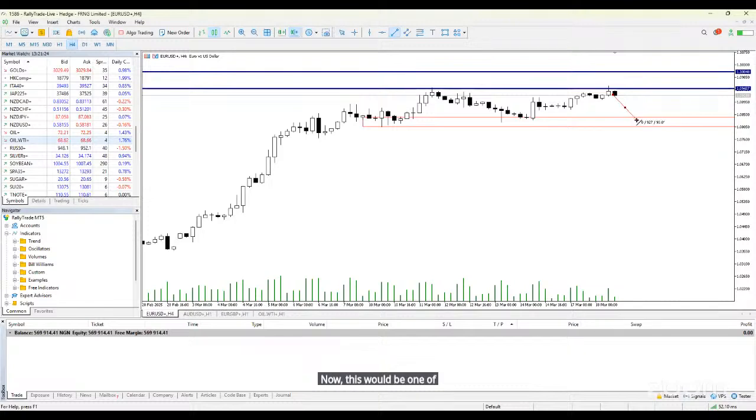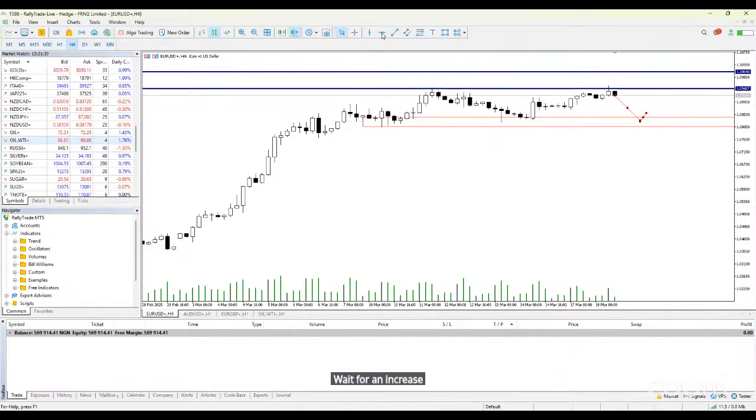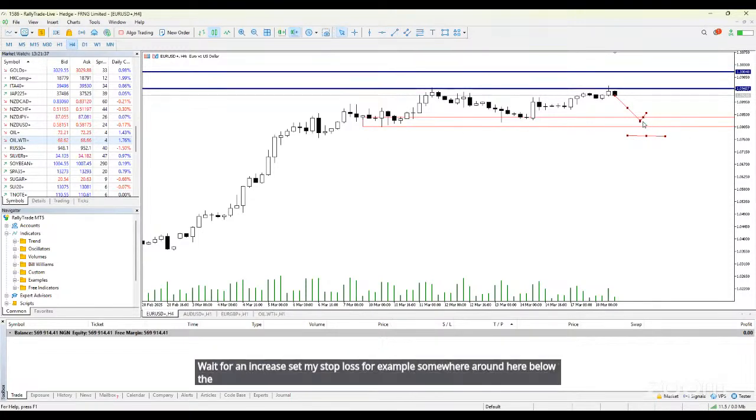So first of all, I would like the price to come back down here, wait for an increase, set my stop loss, for example, somewhere around here below the support area, as you can see, and have my first take profit somewhere around here. And in this case, I would have a risk to reward ratio of at least 1 to 2.